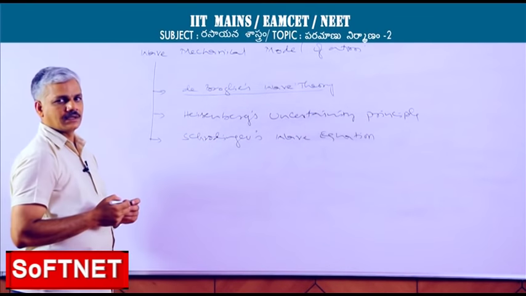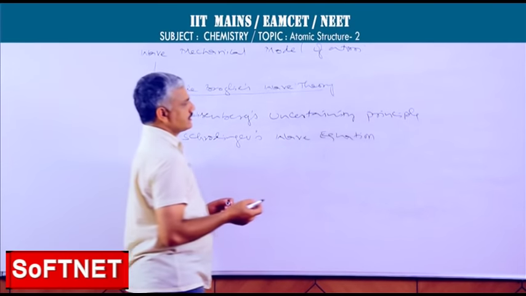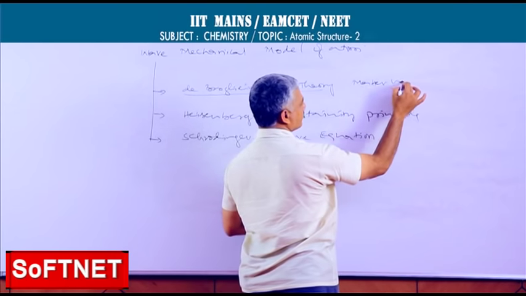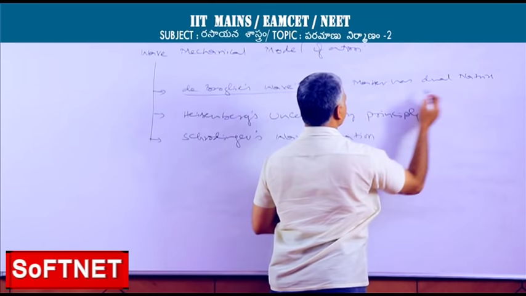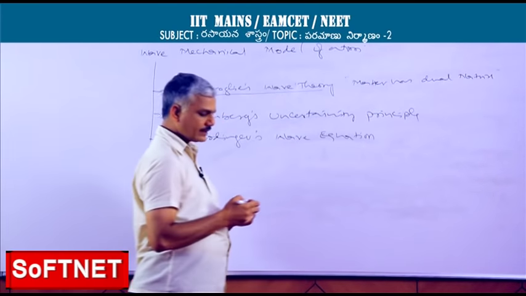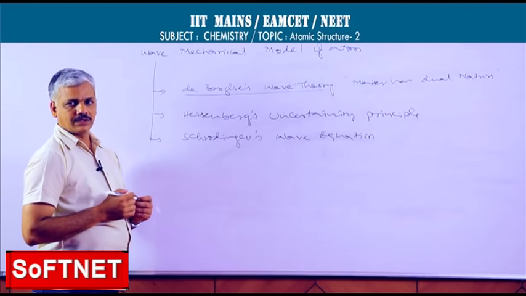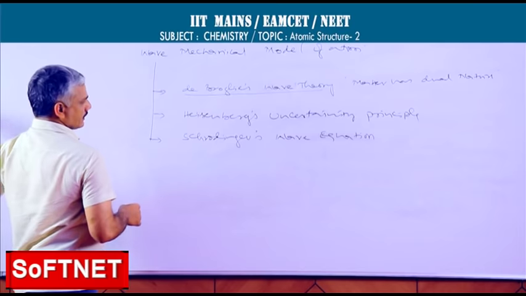First one, de Broglie's wave theory. What it says is matter has dual nature. That is the simplest way of representing de Broglie's wave theory. Matter has dual nature.